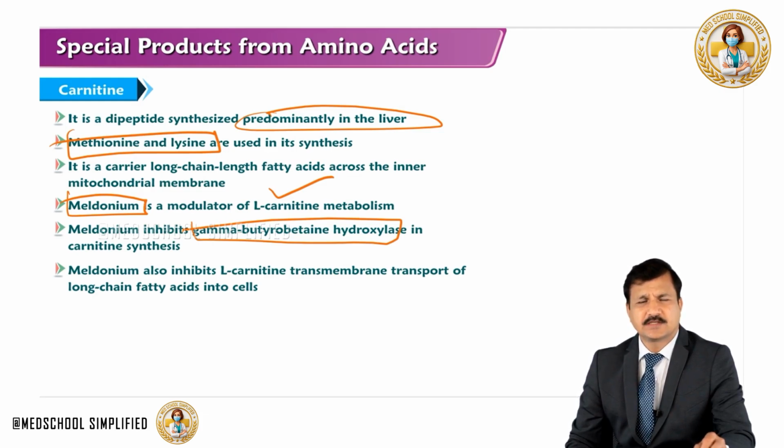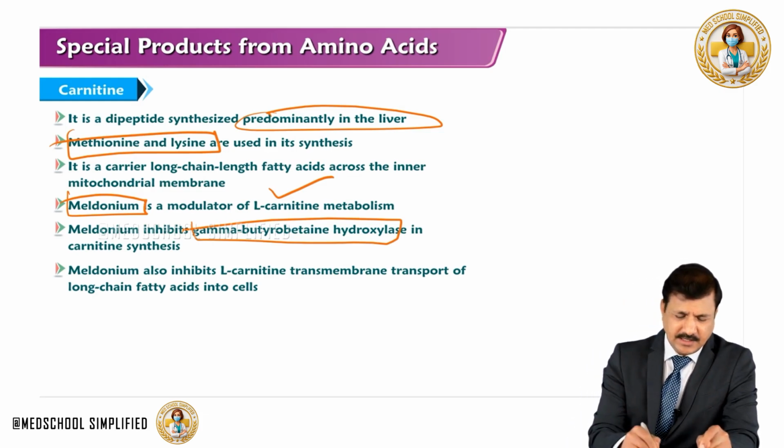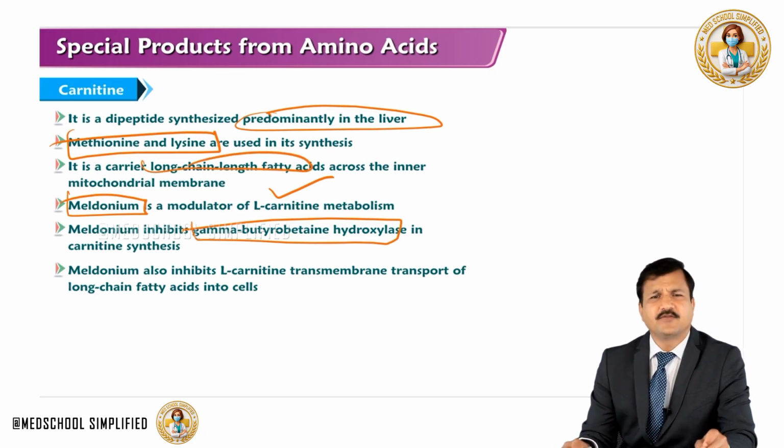So this is what happens, and carnitine as such is involved in the transport of long chain fatty acids across the inner mitochondrial membrane.